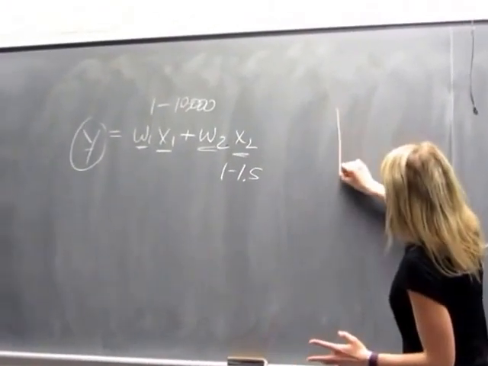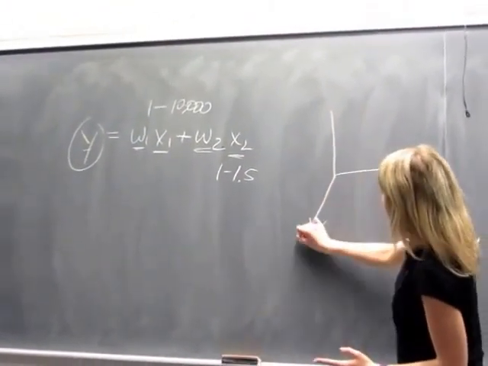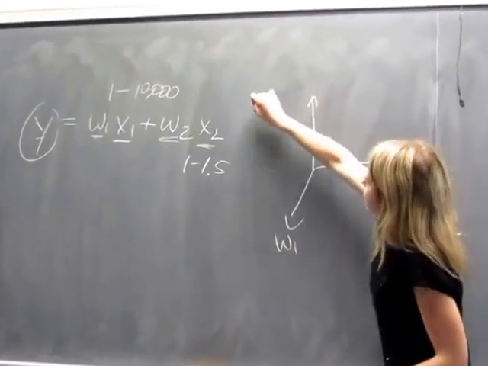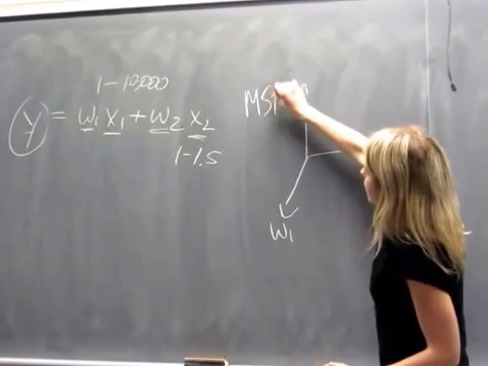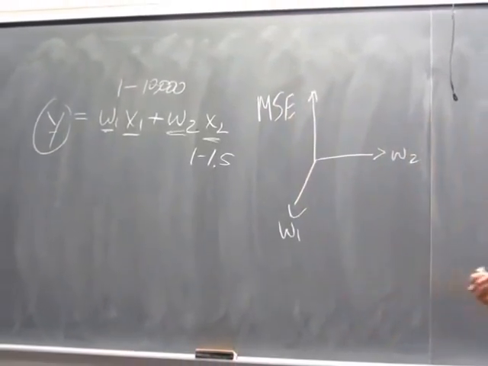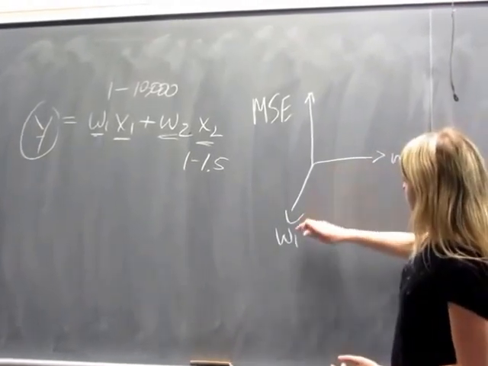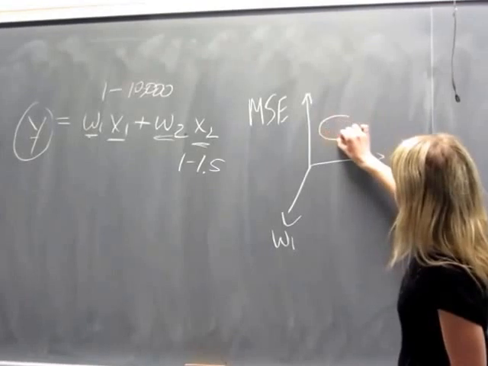So let me draw this out. So assume you have your W1 here and W2 here. And here we have your mean squared error. So basically the metric used to fit your model to predict your accelerator position. So say W1 and W2 take on like this shape.